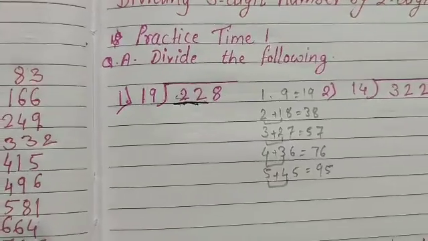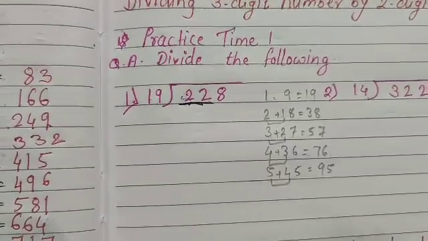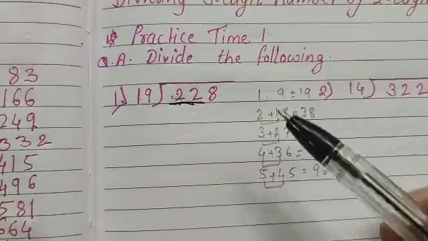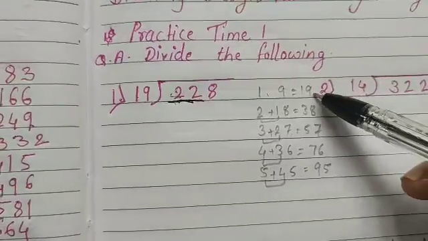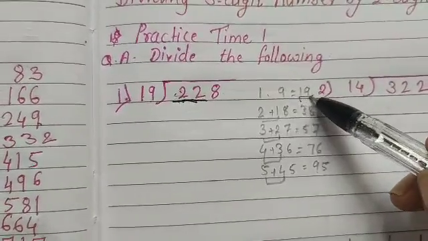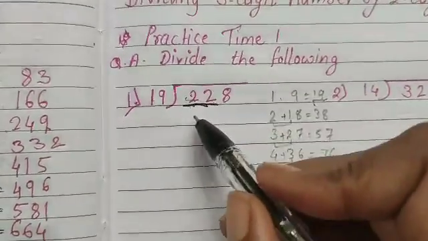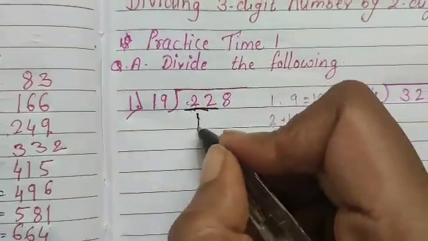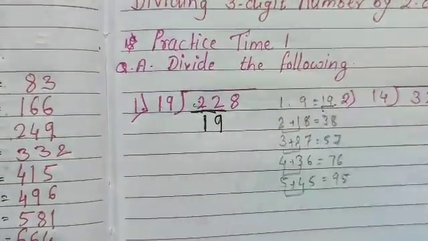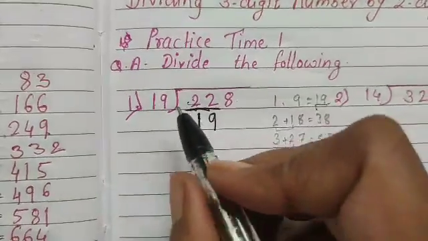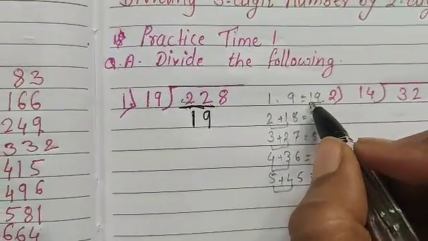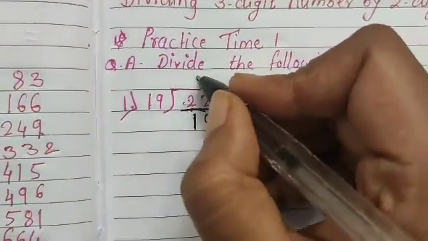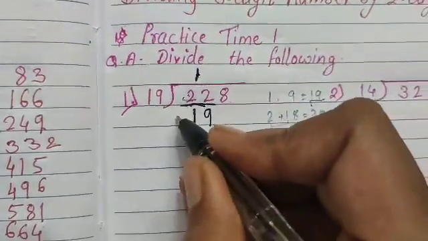So which number is smaller than 22 and near 22? That number is 19. So therefore we have to take 19 as that number. So 19 we have to write, because 19 comes in the 19 table when 19 ones are 19.